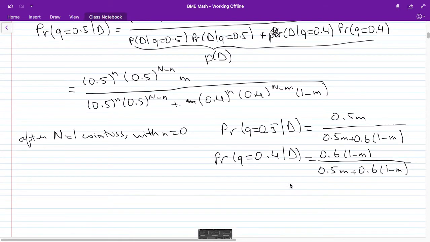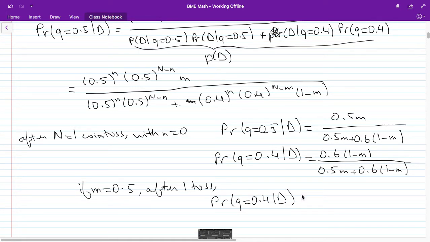So after one observation, we have some slight belief. If m is 0.5, if my prior probability is that it is just as likely to be a fair coin as an unfair coin, then after one toss the probability of it being an unfair coin, given the data, is slightly bigger than the probability of it being a fair coin, but not 0.